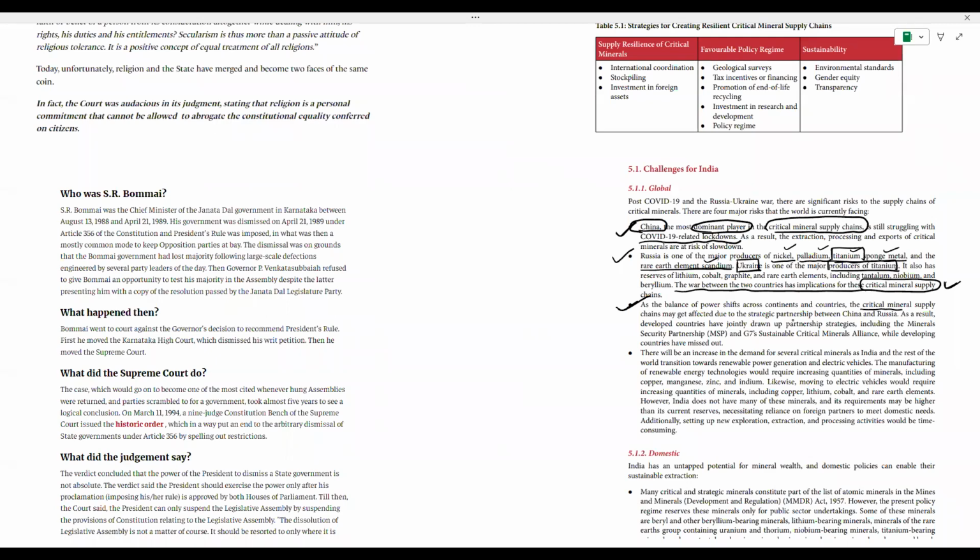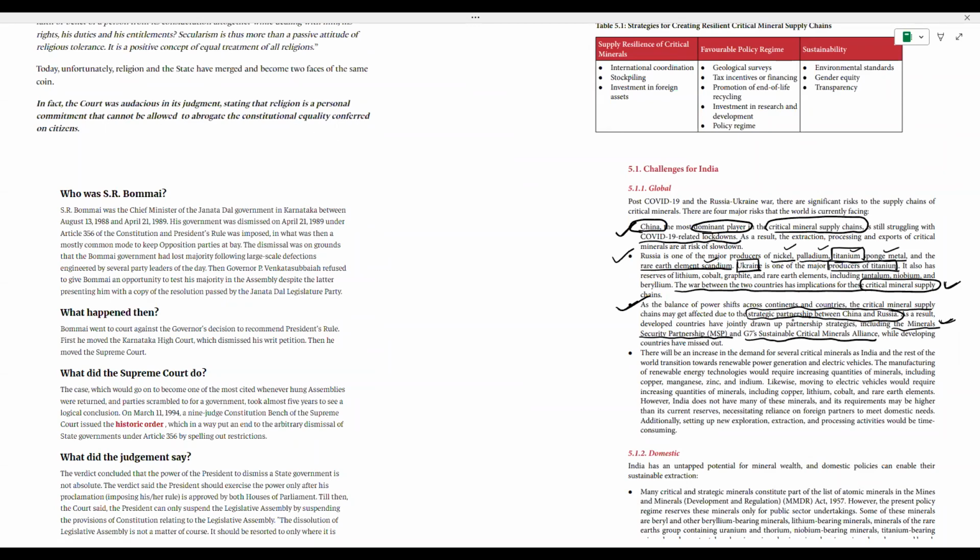The third reason is, guys, there is an alliance being built for securing these critical minerals. For example, there is a strategic partnership between China and Russia, and similarly, the US-led Mineral Security Partnership, and another, the G7 Sustainable Critical Mineral Alliance.